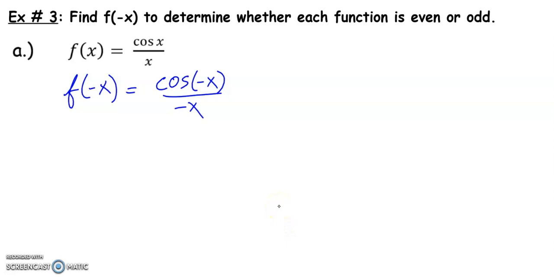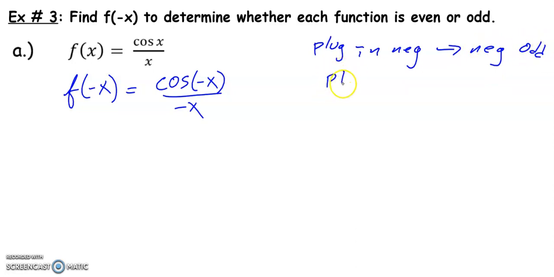To determine if this is even or odd: if I plug in a negative and it returns a negative, we are odd. If I plug in a negative and we get out a positive, we're going to be even.